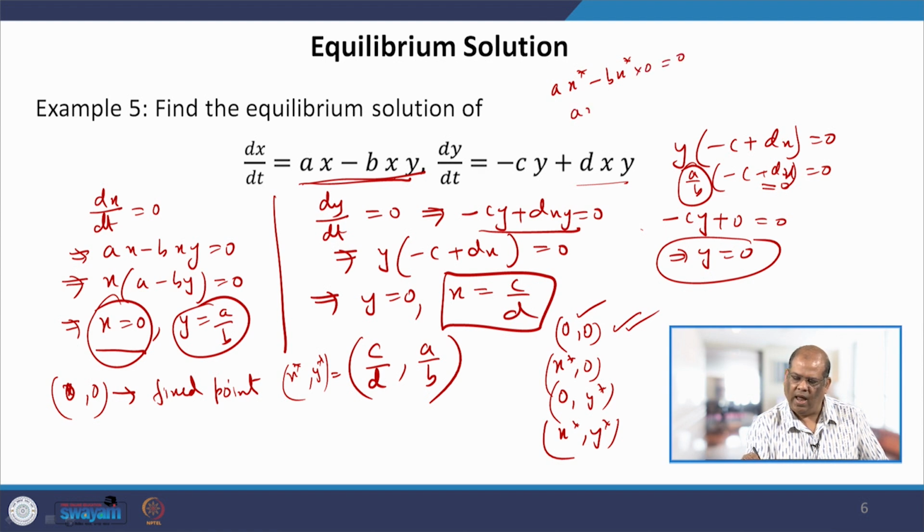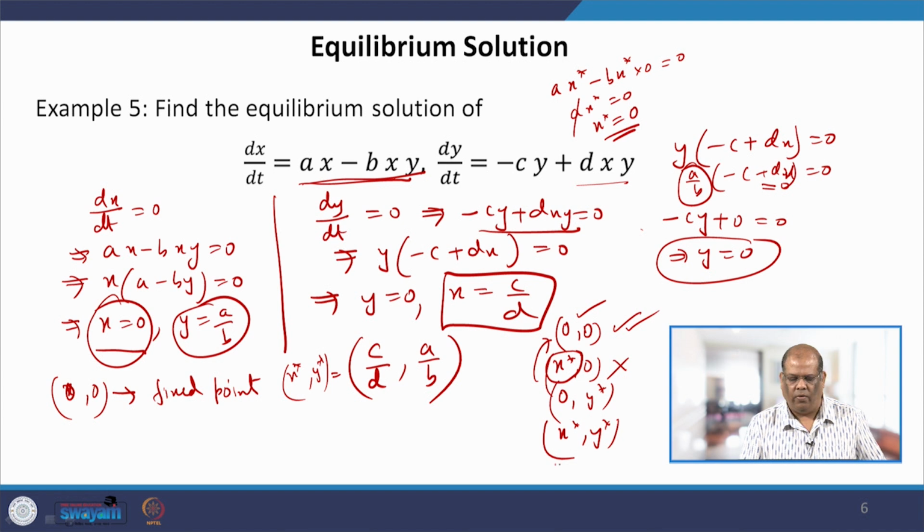So, I get a x star equal to 0. Since a is not equal to 0, my only conclusion is x star equal to 0. Since x star equal to 0, this becomes actually the 0 0. So, there does not exist any non-zero x star such that I get the solution to be x star 0. Hence, this cannot be a solution because we already have 0 0.